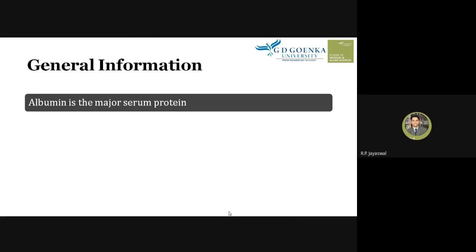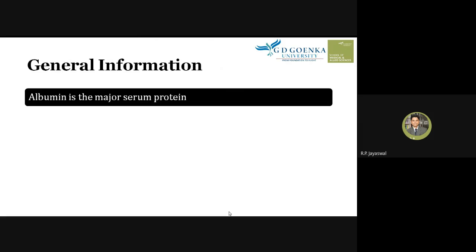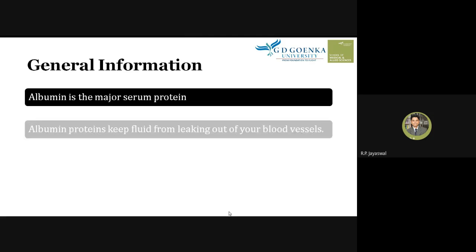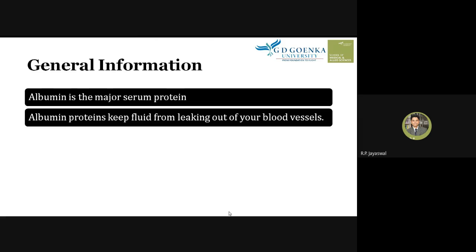Some general information about the test. Albumin is the major serum protein, so most of the protein present in the serum is albumin. Albumin proteins keep fluid from leaking out of your blood vessels.